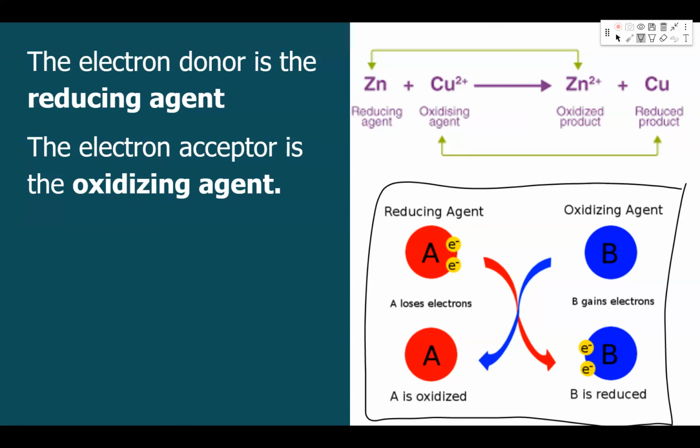So, we start with A and B. A is going to be our reducing agent, and B is going to be our oxidizing agent. We are going to move electrons from A to B.